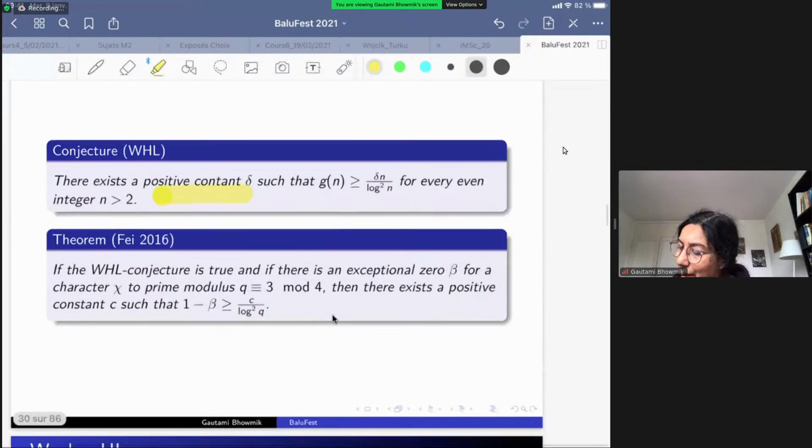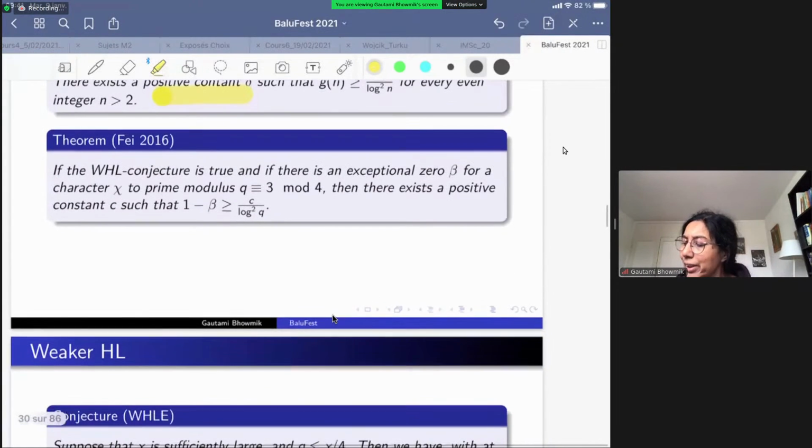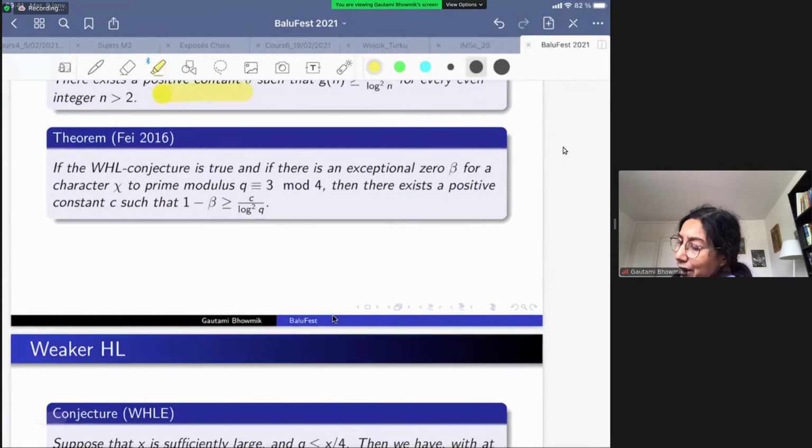Then, proved in 2016, if we assume this, and if there is an exceptional 0 beta for a chi which has an underlying prime modulus Q congruent to 3 mod 4, in that case you can improve on Siegel's bound. You can get 1 minus beta greater than or equal to C by log square Q.